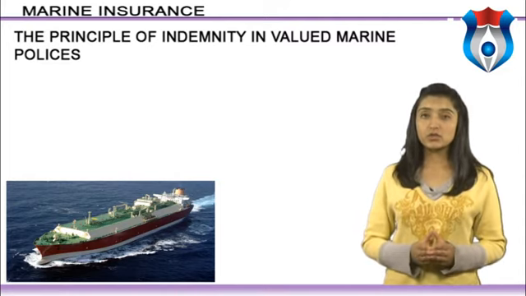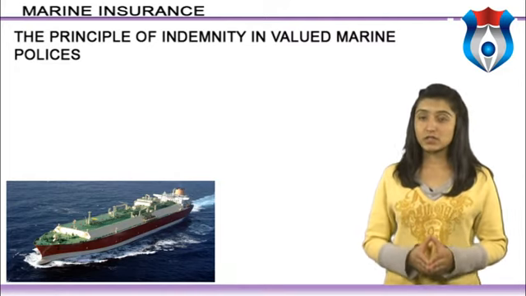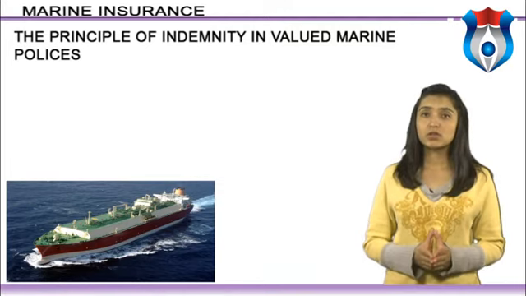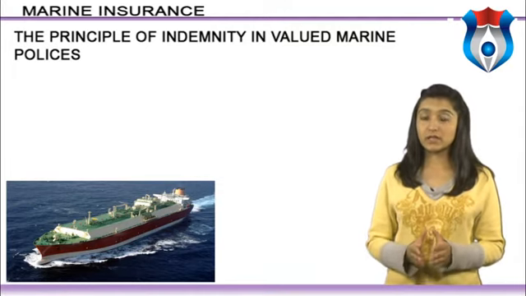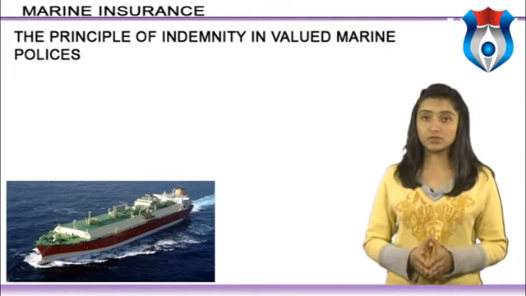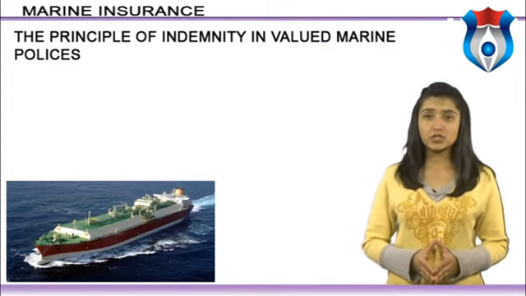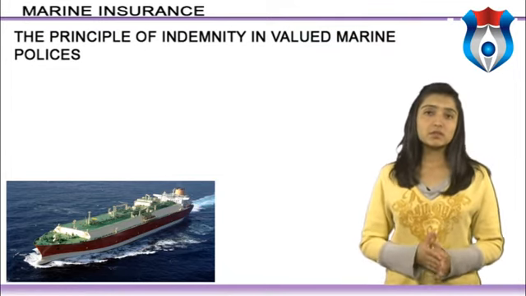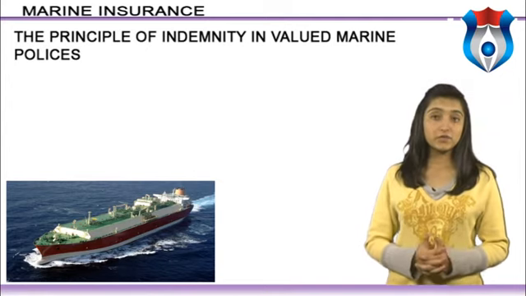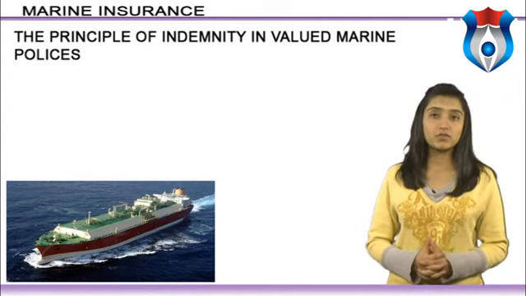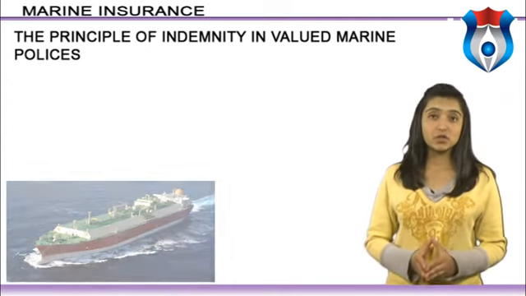The insurer agrees to provide protection against stipulated losses the assured may incur by reason of being connected to a marine adventure. As consideration for this protection, the assured pays a premium calculated by reference to the nature and degree of risk involved in the adventure.